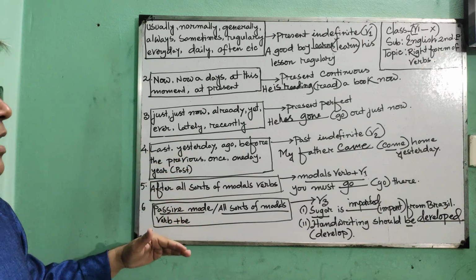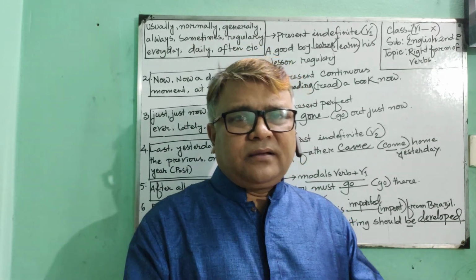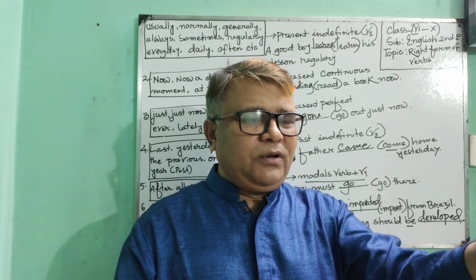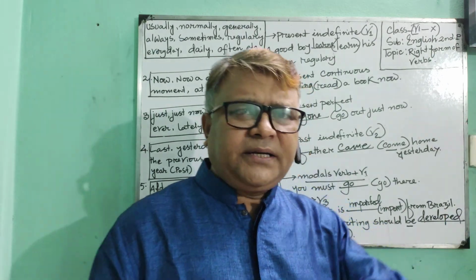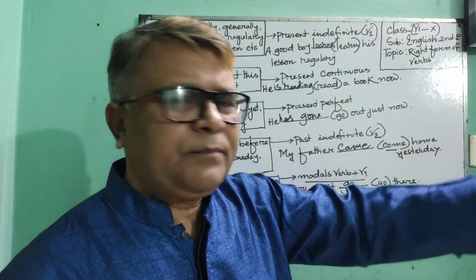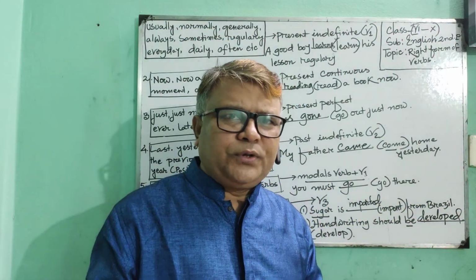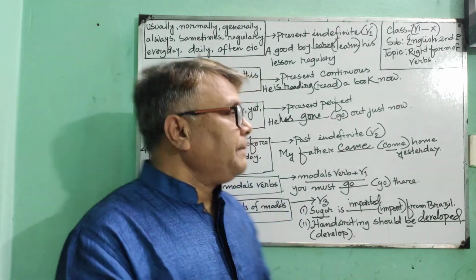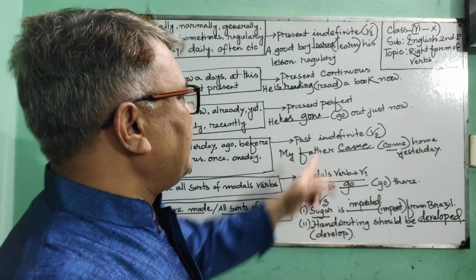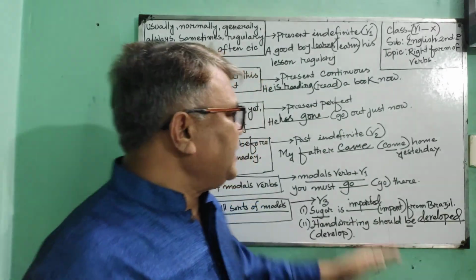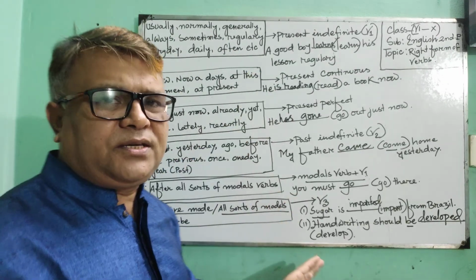Dear learners, I think you have already understood about 6 rules. In previous time I told you there are a lot of rules regarding right form of verbs. You will find 70 rules, 80 rules, 90 rules, 100 rules in different grammar books, but I will not give you all sorts of rules. I have already made a list of rules about right form of verb, and I have made 20 major rules.